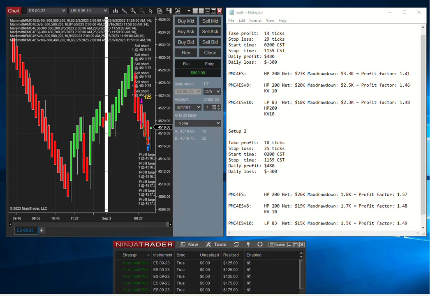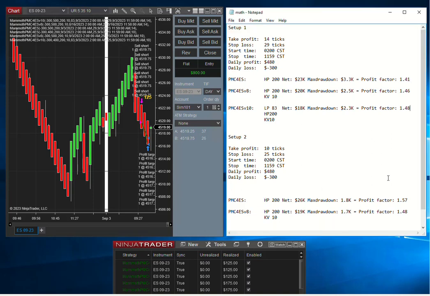I'm gonna show you the difference between Mammoth PMC 4ES, Mammoth PMC 4ES version 8, and Mammoth PMC 4ES version 10. There are two setups that you can consider to trade with the strategies.